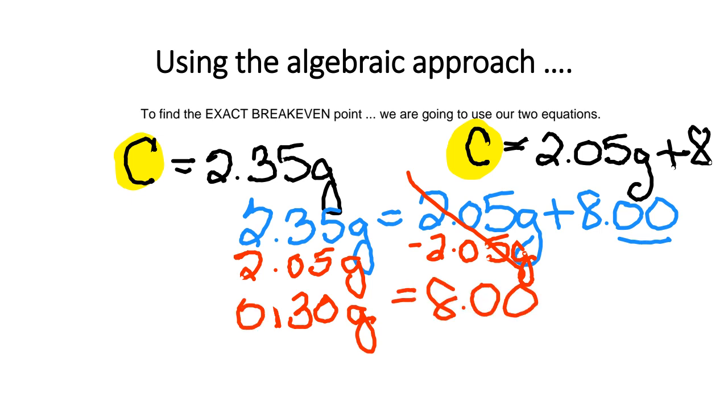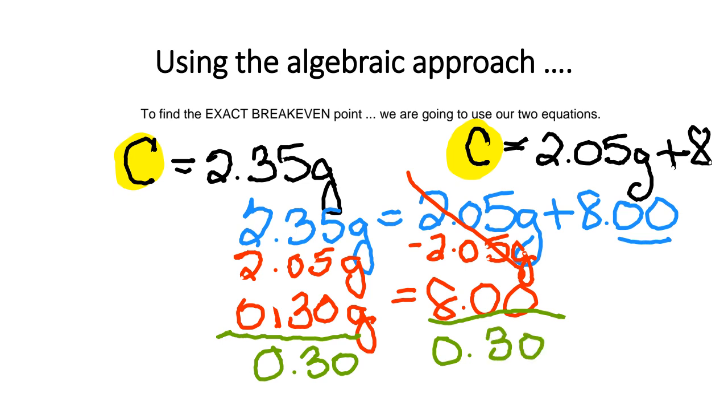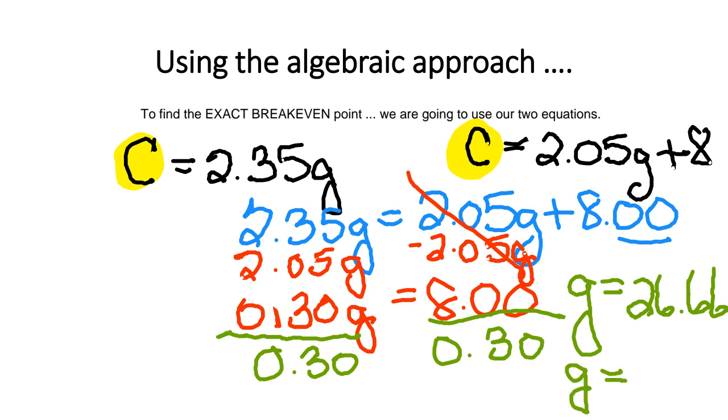Now, when I divide both sides by 0.30, I am going to get G. Where is my break-even point? Notice I will get the decimal 26.66666, or 27 gallons is the whole number where my break-even point is going to occur.